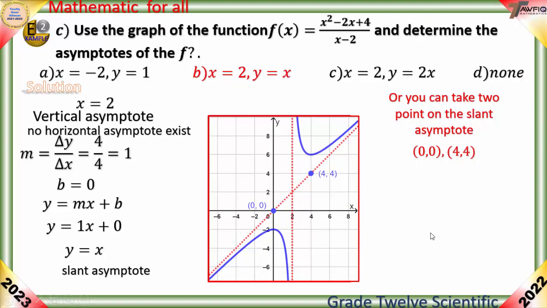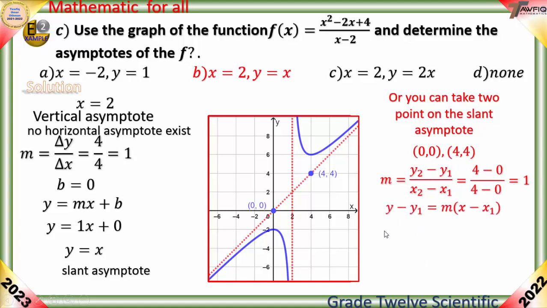The slope is y2 minus y1 over x2 minus x1, which means 4 minus 0 over 4 minus 0, which is equal to 1. And using the point-slope formula, y minus y1 equals m times x minus x1, y minus 0 equals 1 times x minus 0, that means y is equal to x, the equation of the slant asymptote. As we said, B is the correct choice.